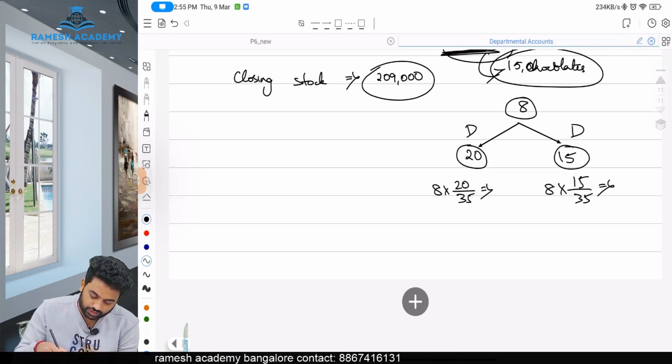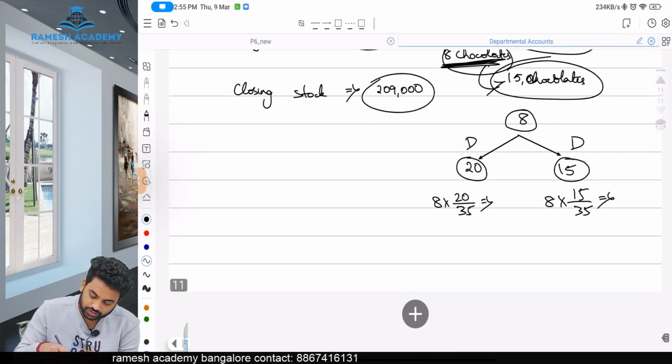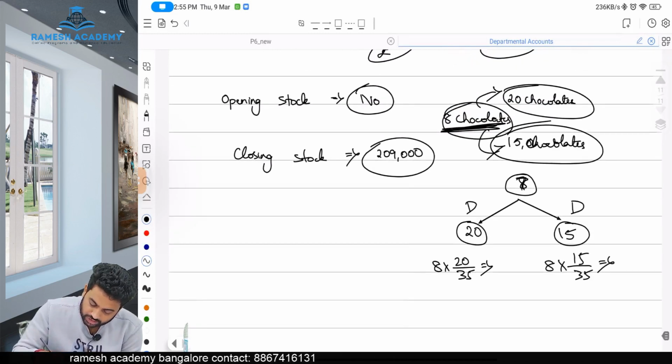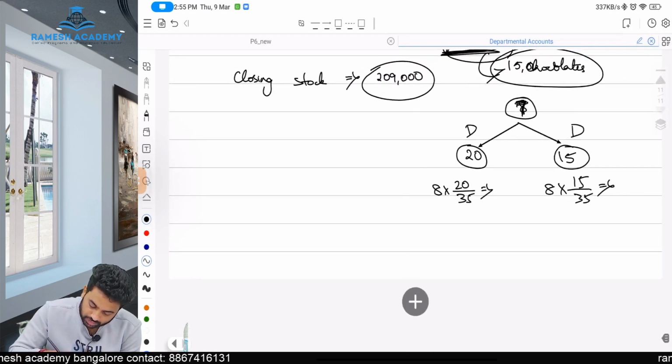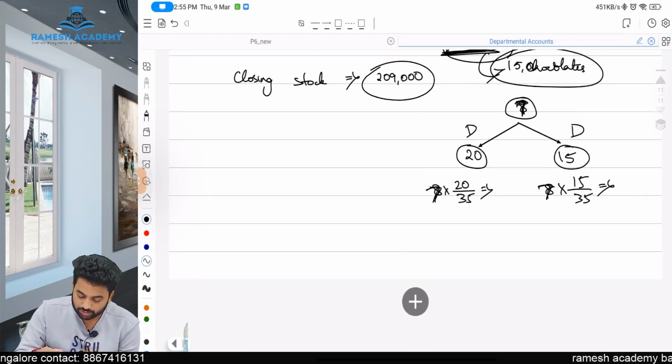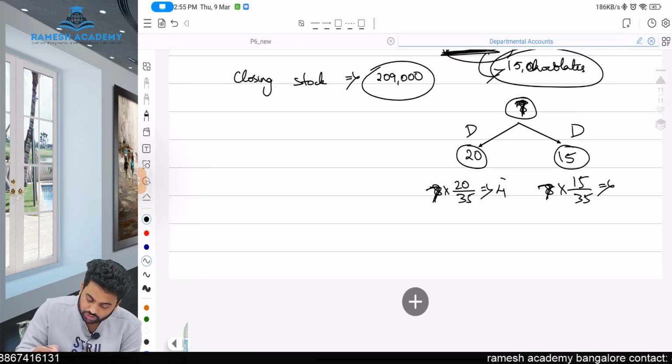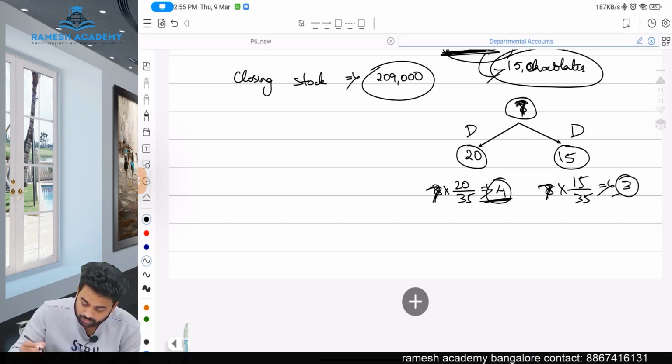Or let us assume 7 chocolates are pending, for simplicity of calculation. So 7 into 20 by 35 is 4, and 3. So 4 chocolates are given by your dad and 3 chocolates are given by your mom.